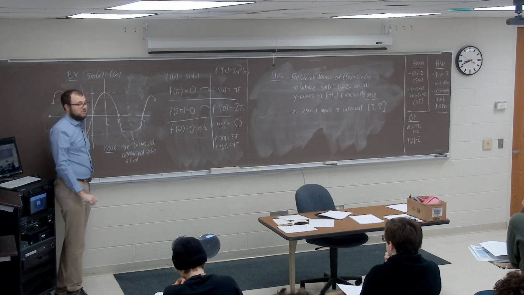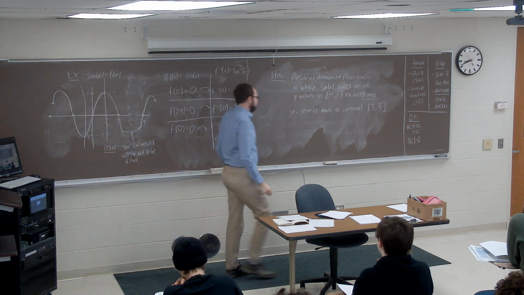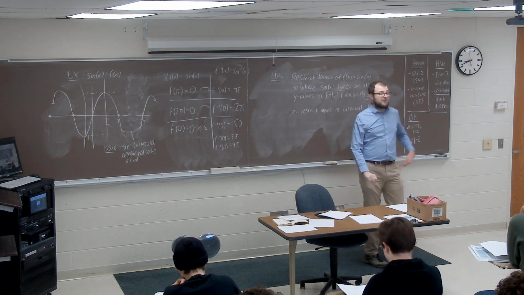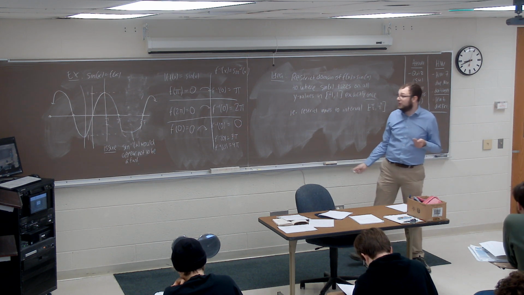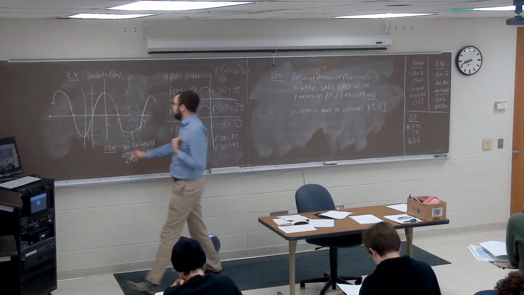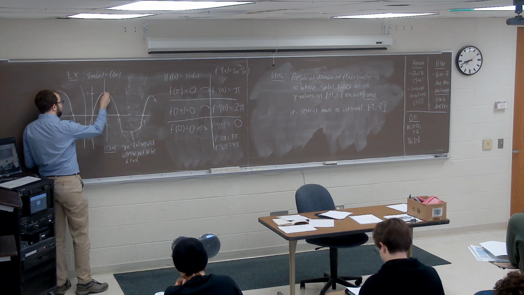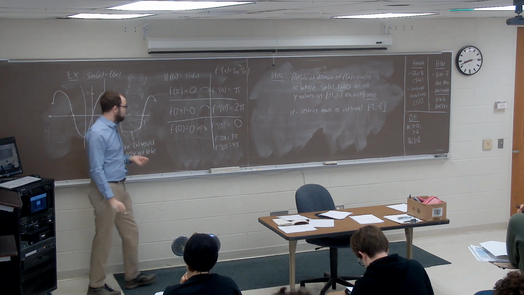That's what happens when I try to teach without looking at my notes. Sorry, I said that wrong, but it's the same idea. If you look at all the x coordinates from -pi over 2 to pi over 2, we take on every y value between -1 and 1 exactly once.